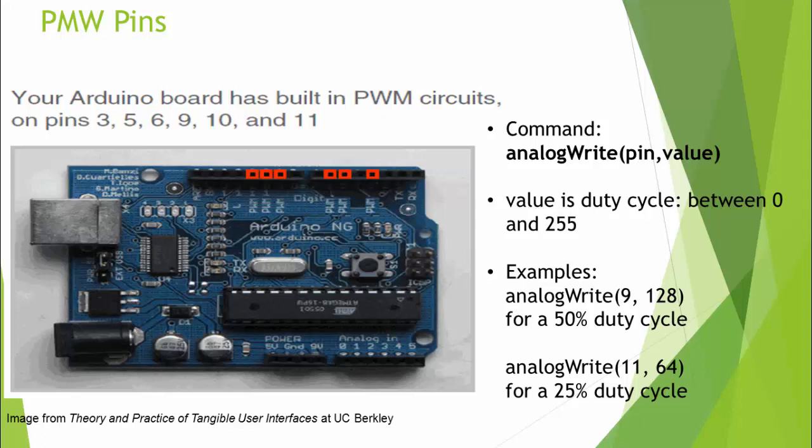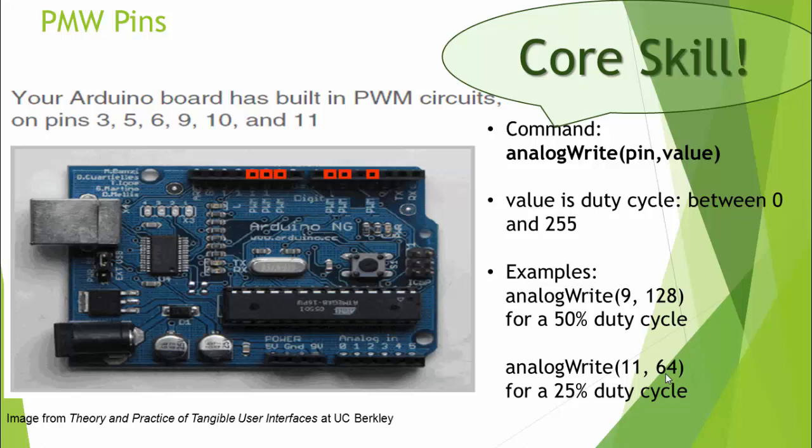So in the examples below, we have 128. That's approximately 50% power. You know what, we can call that exactly 50% power. And in the lower case, 25% power.